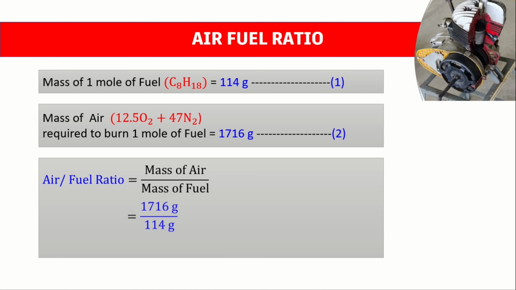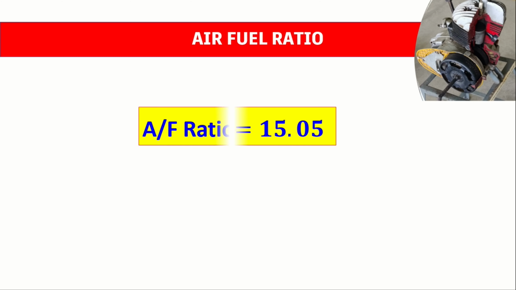As per equation number 2, the mass of air is 1716 grams, divided by the mass of fuel, 114 grams. If you divide this value, it is equal to 15.05. So the air fuel ratio is 15.05.